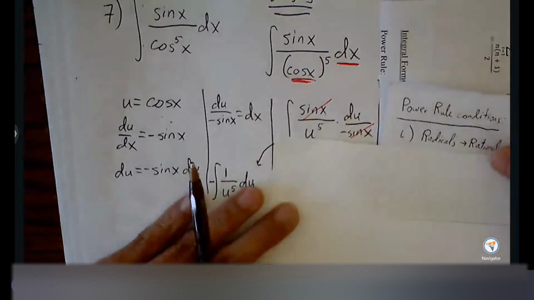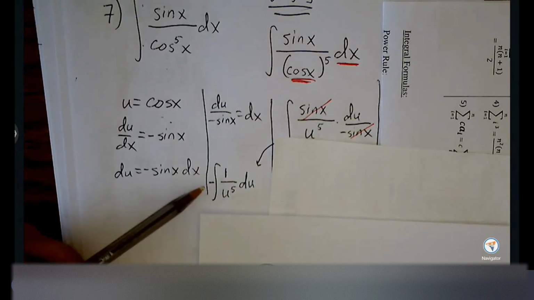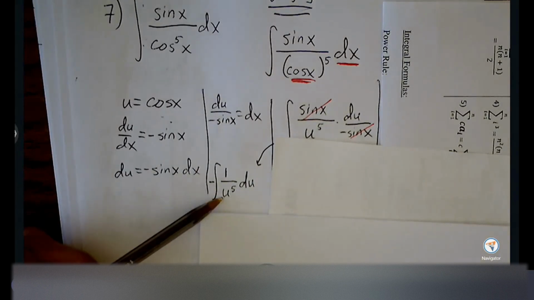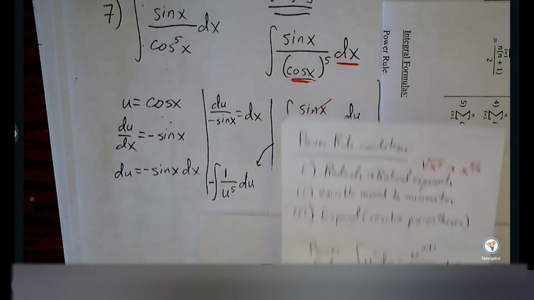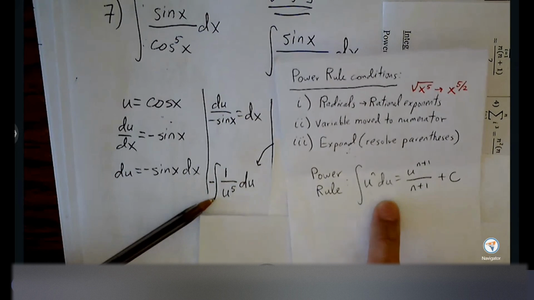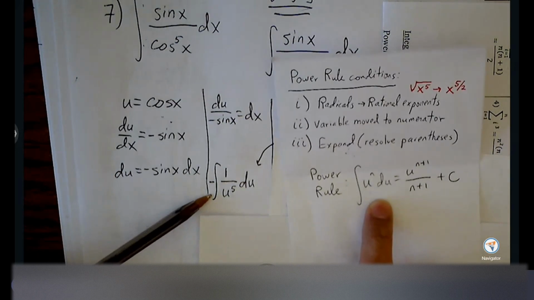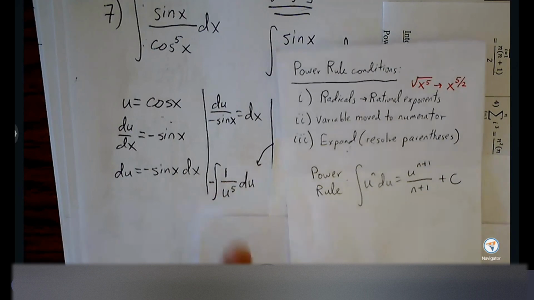Okay, so I'm at this stage where I have my coefficient out in front. I have my variable in terms of u. Am I ready for power rule? Good, right. So we have to be careful.